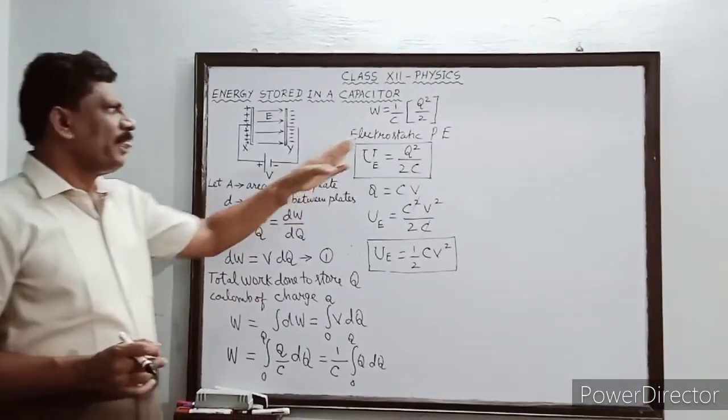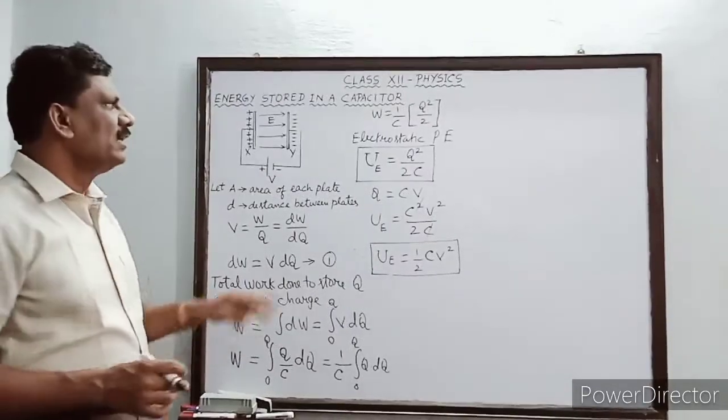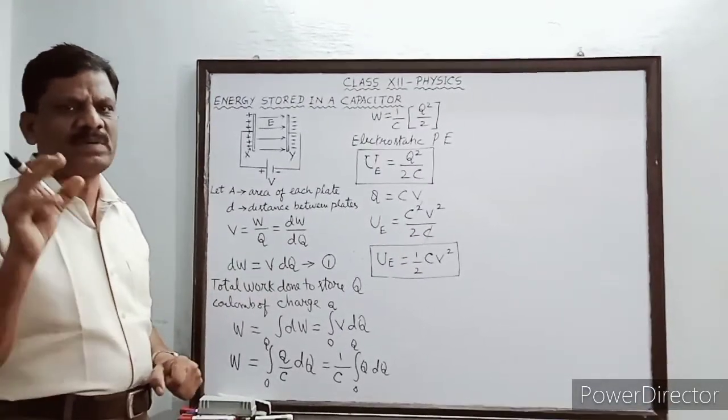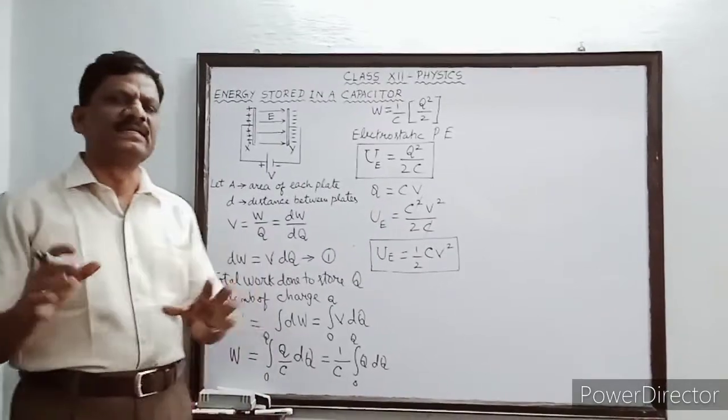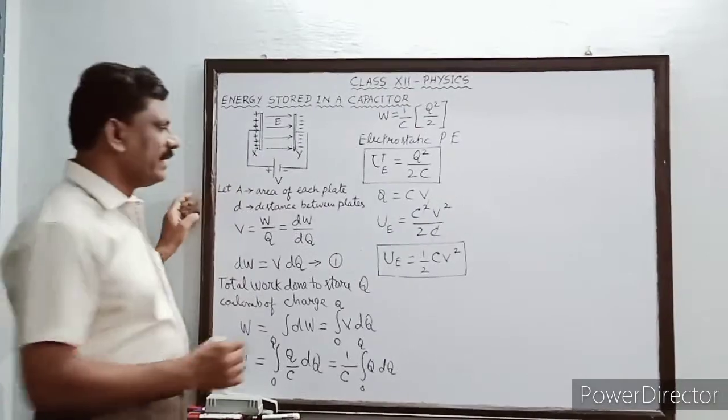Now we will take another new definition, that is electrostatic potential energy per unit volume. That is called energy density. Before that, tell me what is the expression for the capacitance of a parallel plate capacitor which is filled with air. We have already derived it.